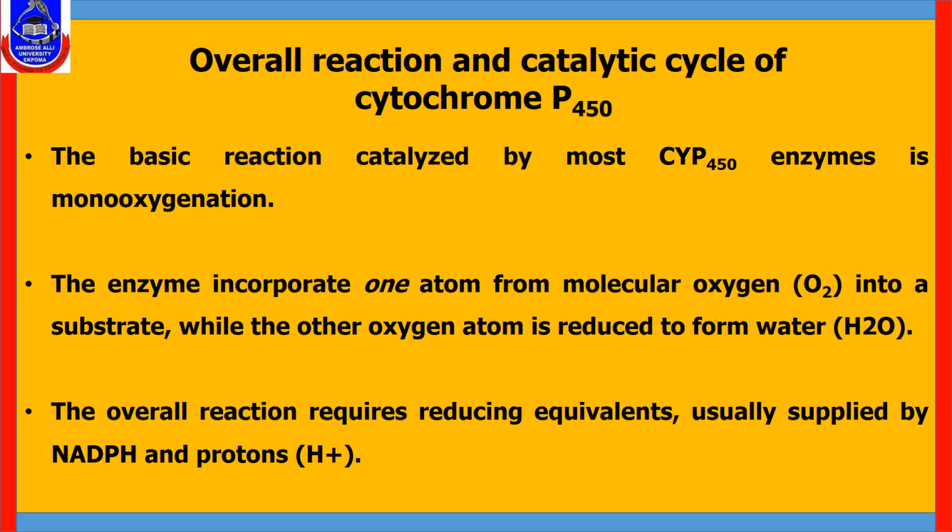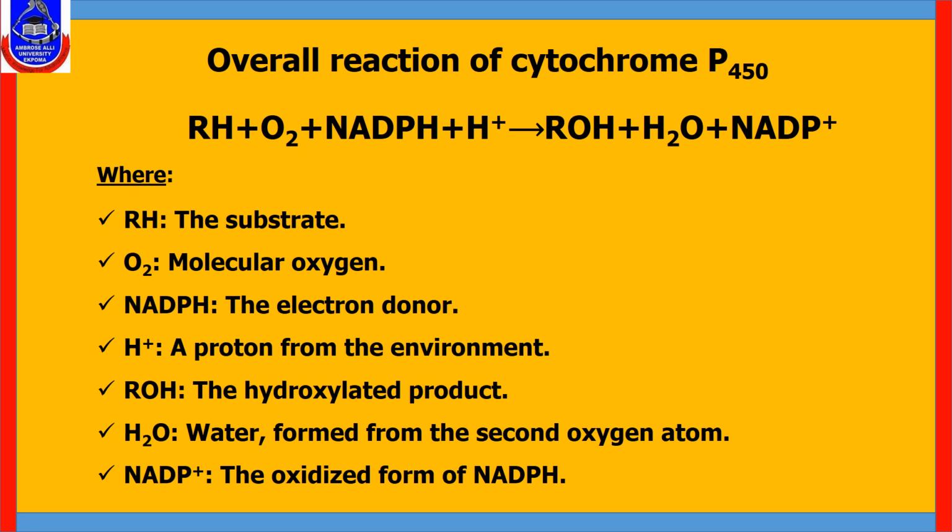The enzyme incorporates 1 atom of molecular oxygen into substrates, while the other is used to form water. The overall reaction requires reducing equivalents, usually supplied by NADPH and a proton.